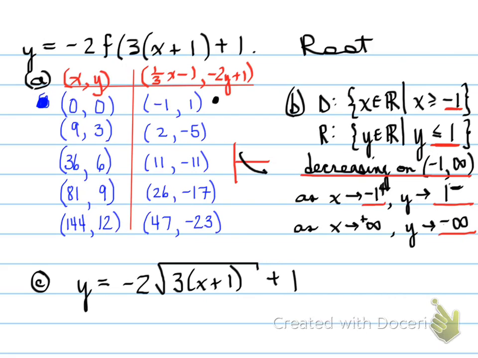You know the endpoint is where x approaches negative 1, so move left 1. It looks something like that. So it approaches negative 1 from the right side. It will approach 1 from the negative side, so from underneath. As x approaches infinity, y also approaches negative infinity because it's getting larger and larger in a negative direction.